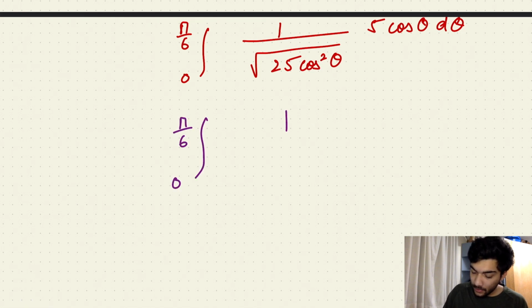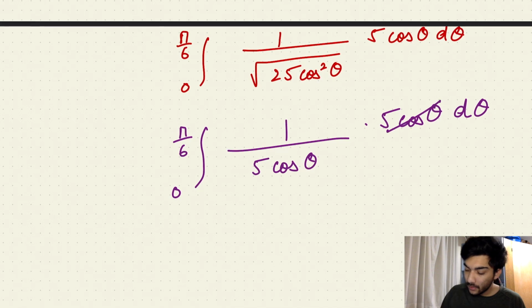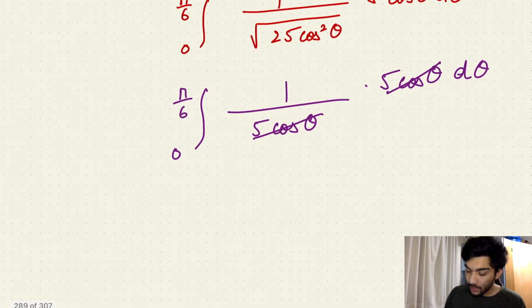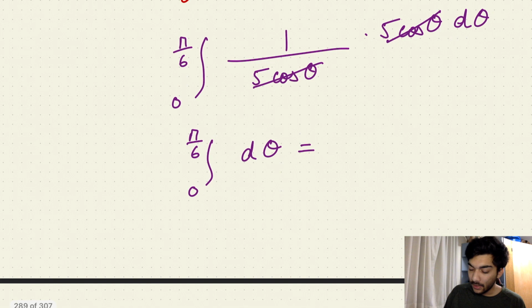If we take the square root of the whole expression, it would be 1 by 5 cos theta, and we are multiplying it with 5 cos theta as well. So this 5 cos theta will cancel out with this 5 cos theta, and we will get our final integral to be 0 to pi by 6 of d theta.